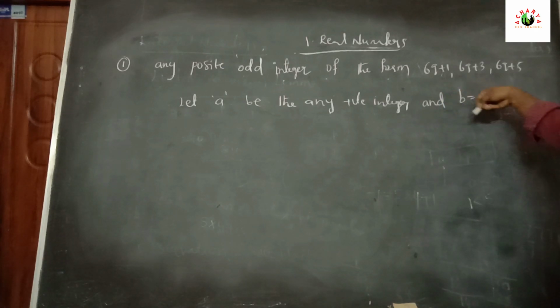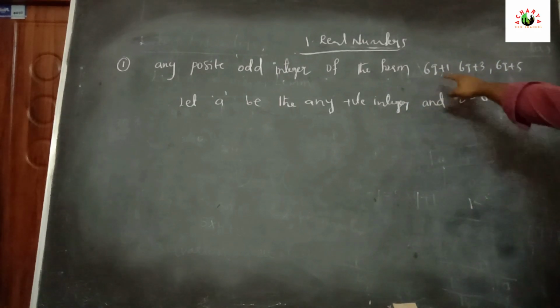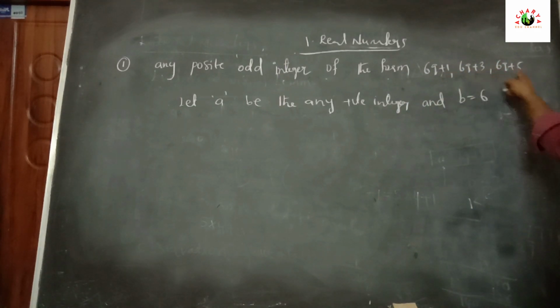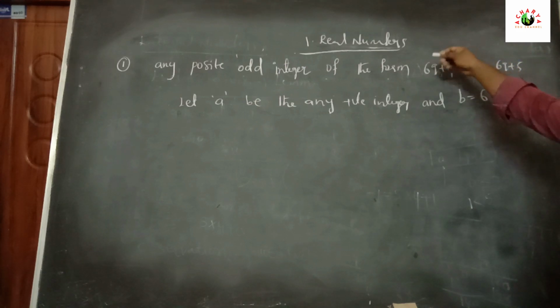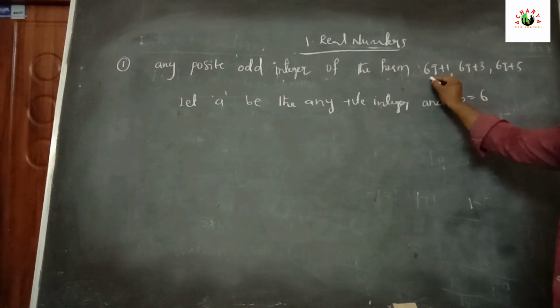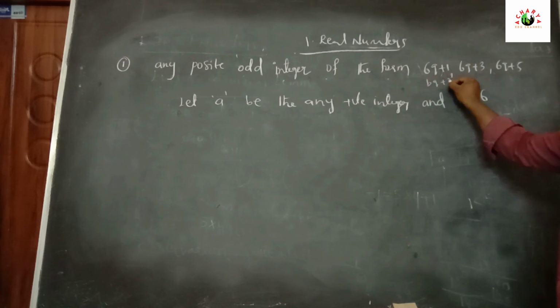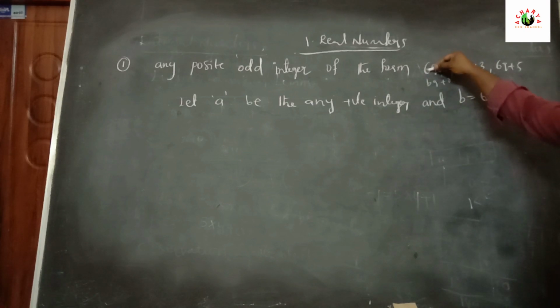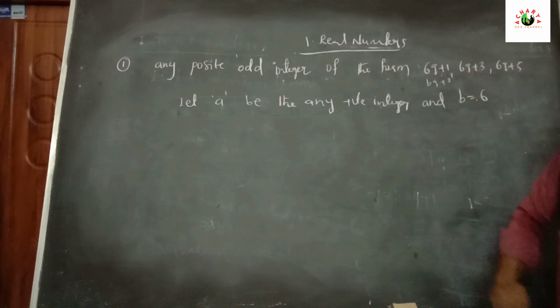Why are we taking B is equal to 6? Because 6q plus 1, 6q plus 3 and 6q plus 5 are in the form of BQ plus R. Once you compare with BQ plus R, what is the value of B? B is equal to 6.